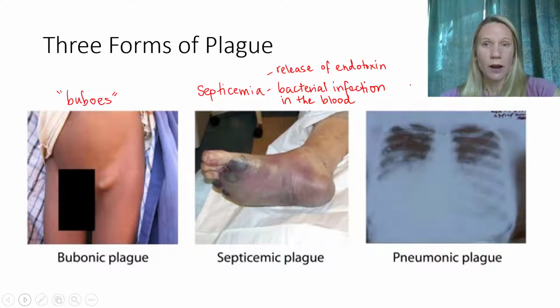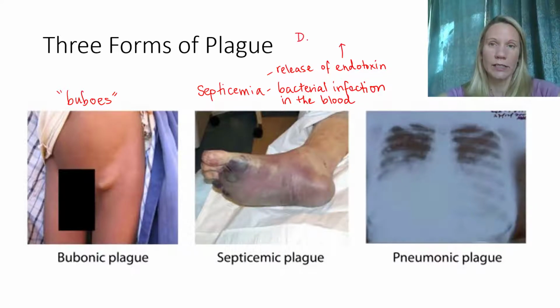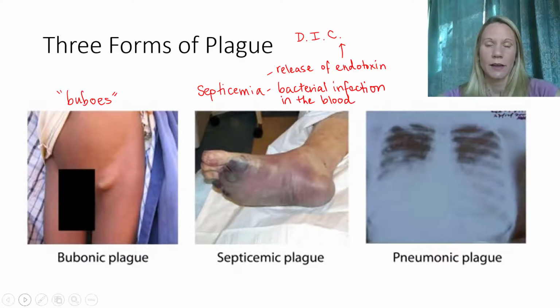and then endotoxin triggers the reaction we're seeing here, where we see all this blackening of the skin, sort of this purplish blackish rash. This is an effect of endotoxin that we talked about in the first few lecture videos from last week. It's called DIC, disseminated intravascular coagulation.